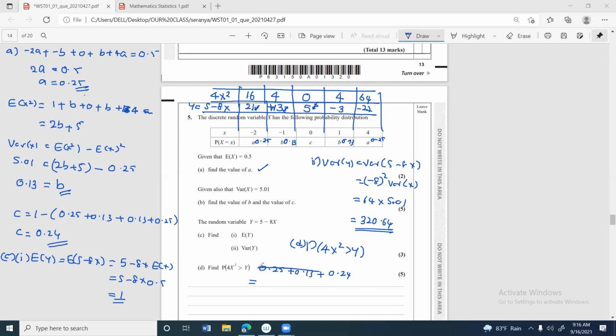Sorry, I made a mistake. We want to see whether 4x squared, this value, is bigger than this. It's not. Only these two. That's the point. So 0.13 plus 0.25 equals 0.38. I just read the inequality the other way around. So the answer should be 0.38. Okay.